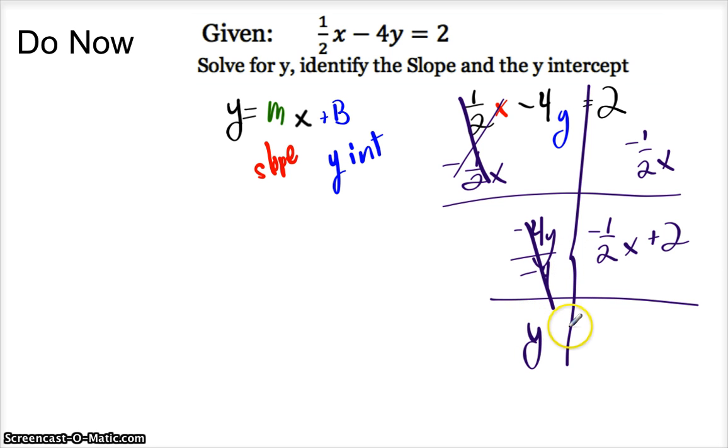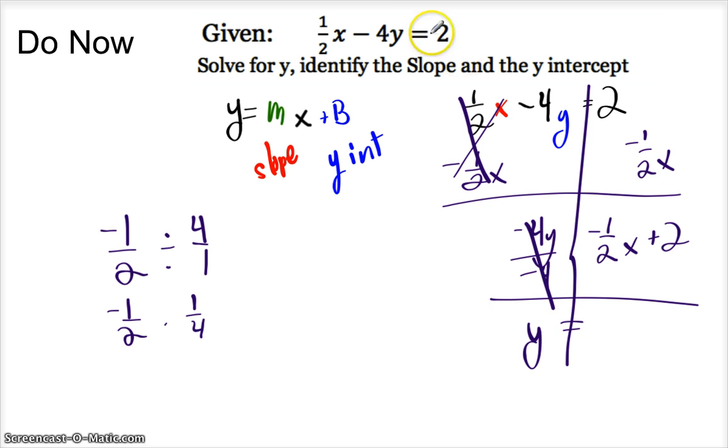Yay. And we're left with negative 1/2 divided by negative 4/1, which can be written as negative 1/2 times negative 1/4. Keep, change, flip, and we get negative 1/8. Sorry, positive 1/8, because this is a negative and this 4 is a negative. 1/8 x.